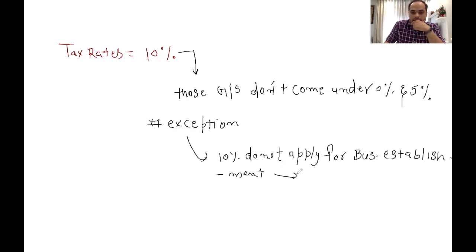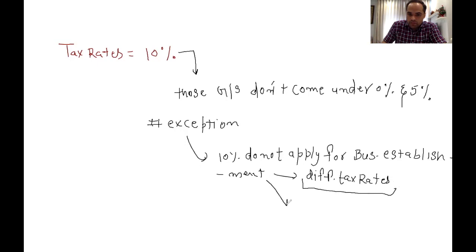So we have different tax rates that we will study in our next learning outcome 6, when we learn about the two different methods, right? So different tax rates apply.